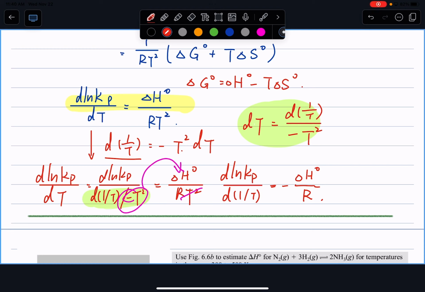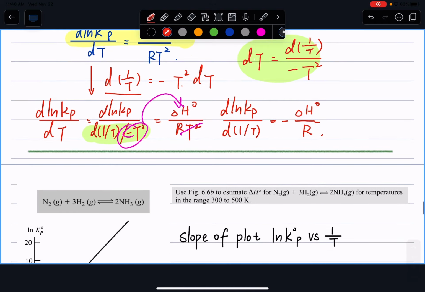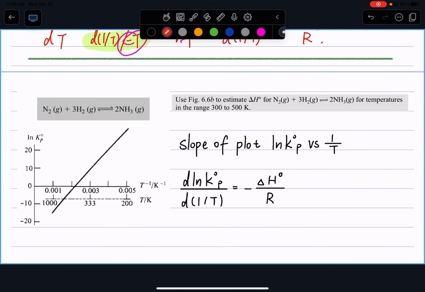What does that mean? We did all this derivation to get this expression. So this means we have an experimental way to measure the delta H of that reaction if we know the equilibrium constant at different temperatures, right? So if we plot ln Kp over 1 over T, this is on the y-axis, that's your ln Kp.